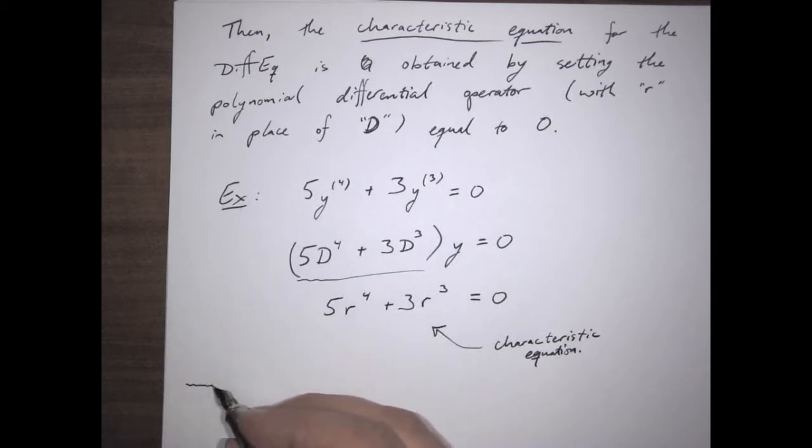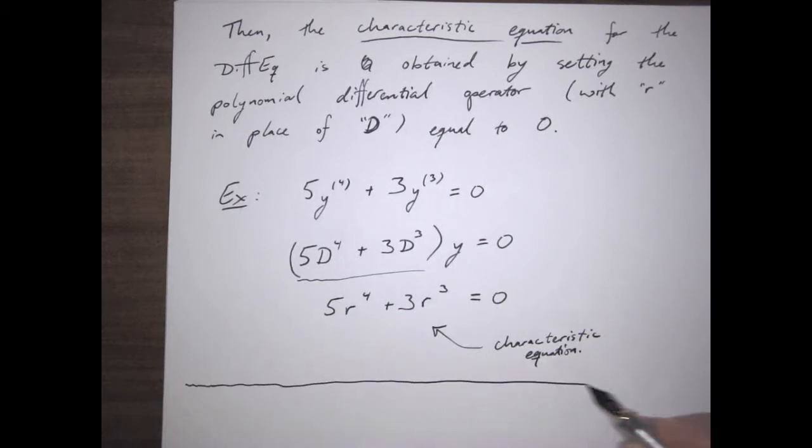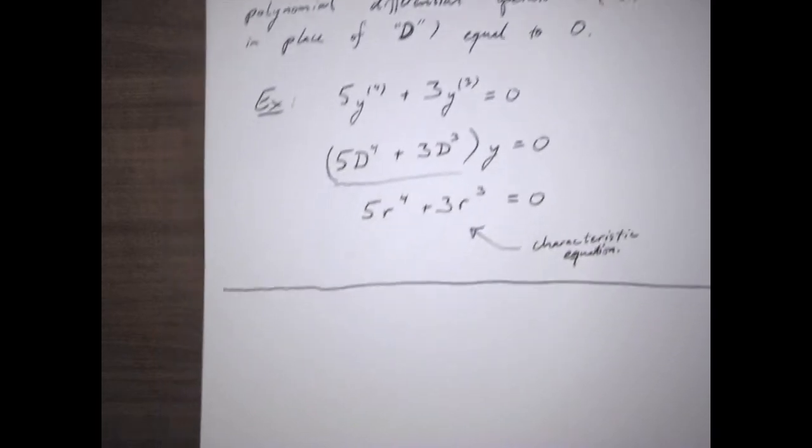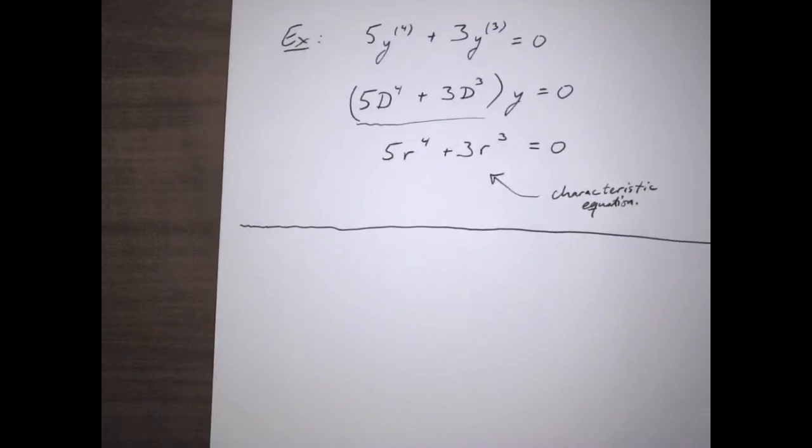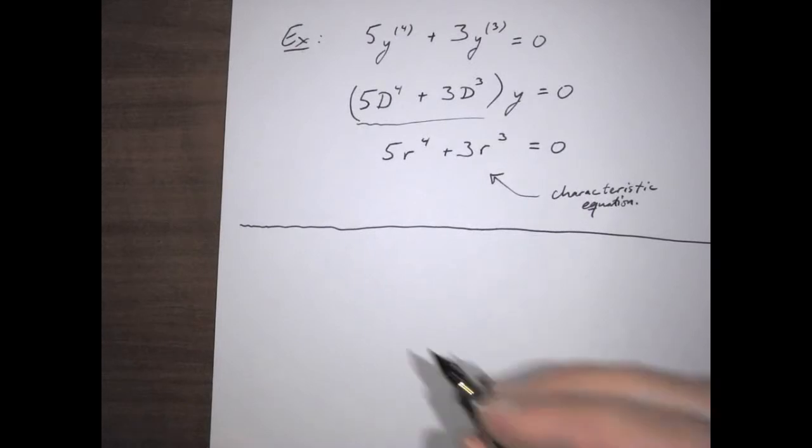Then the use of the characteristic equation is just the same as it was in 3.1. The difference is that we are now going to have potentially more than two solutions.